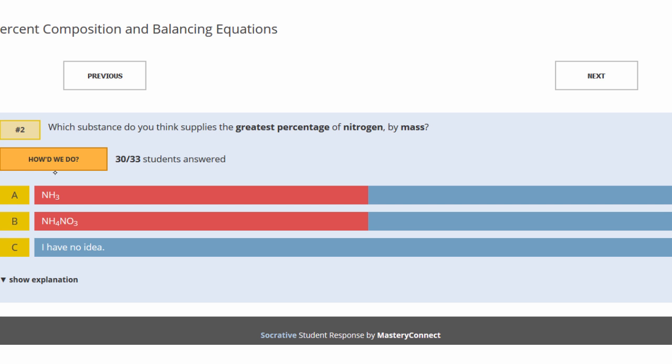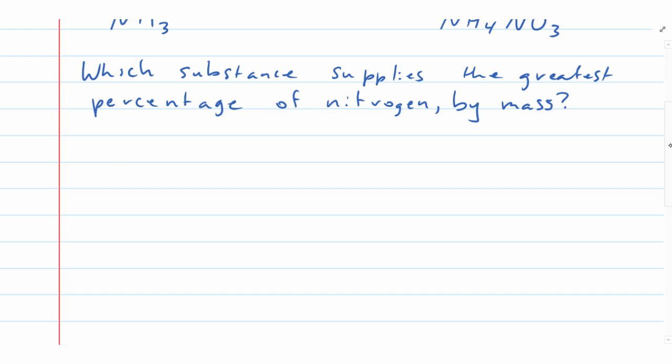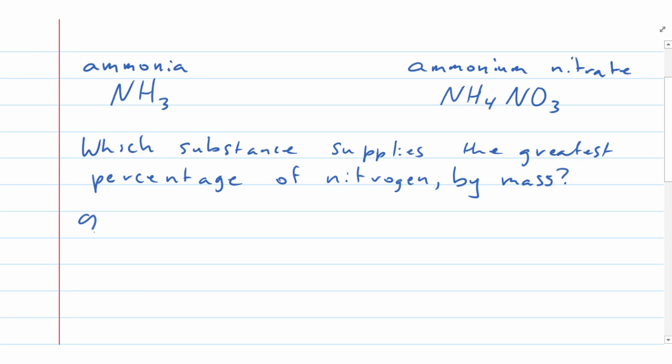So on this one, we'd like to see if we can figure out which one supplies the greatest percentage of nitrogen by mass. And here's how we go about doing it. First of all, we're going to calculate a percentage. And calculating a percentage in chemistry is just like you'd calculate it if you were trying to find a discount on a pair of shoes or a discount on a car.